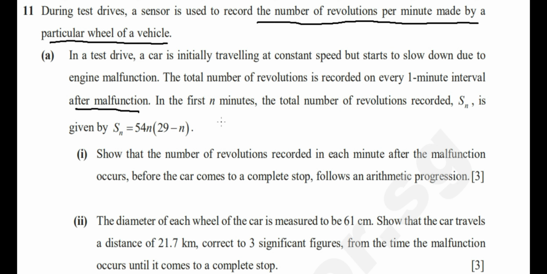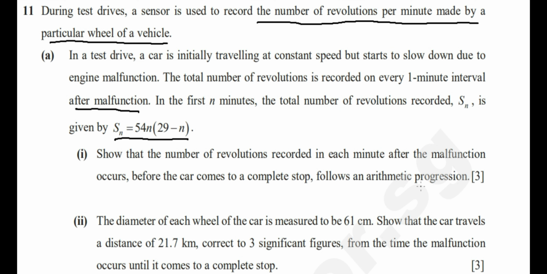In the first n minutes, the total number of revolutions recorded, means in the first 10 minutes the total number, Sn, is given by this. Now they want you to show that the number of revolutions recorded in each minute after the malfunction, before the car comes to a complete stop, follows an arithmetic progression.